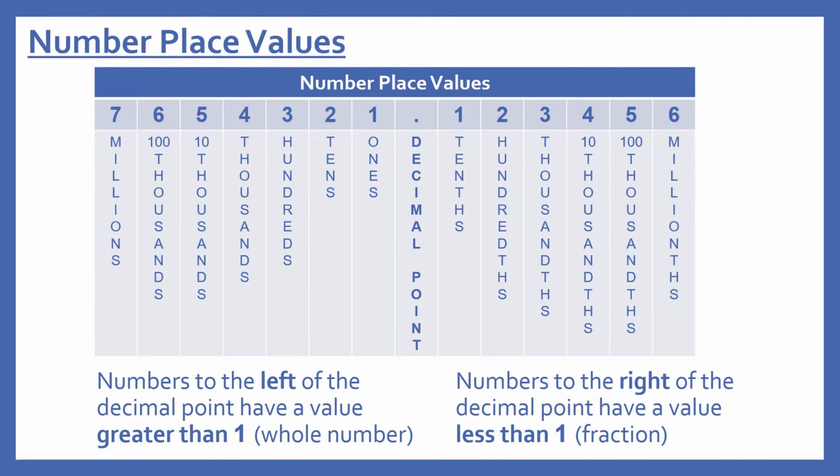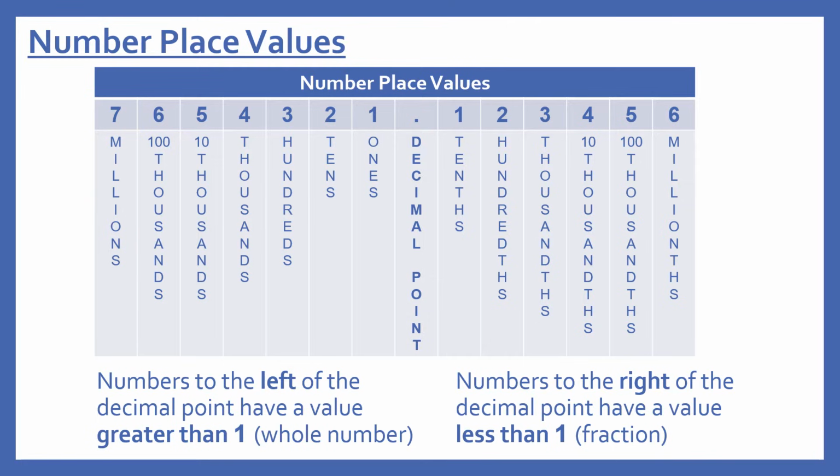Okay, so now we'll just look a little more at the number place values with decimals. So you have the decimal point. Think of that being in the middle. And then on the left side, we have the whole numbers, which are going to be numbers greater than 1. And then on the right side, we have the numbers that would be less than 1. These would be the fractions. So on the right side, we have tenths, hundredths, thousandths, 10,000ths, 100,000ths, then millionths.